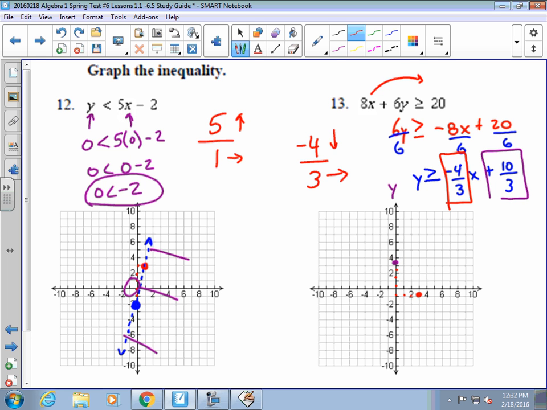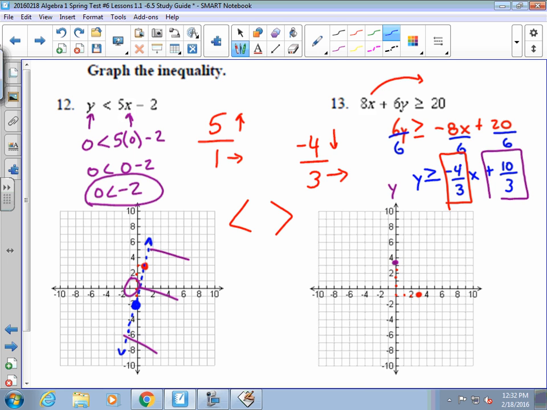If this were just an equation, we would draw a straight line through these 2 points here and we'd be finished. It's not just an equation, though. This is where the difference comes in with inequalities. The first difference: does the line need to be a dashed line or does it need to be a solid line? Remember, in order for it to be a dashed line, it will simply say less than or it'll say greater than. That's a dashed line.